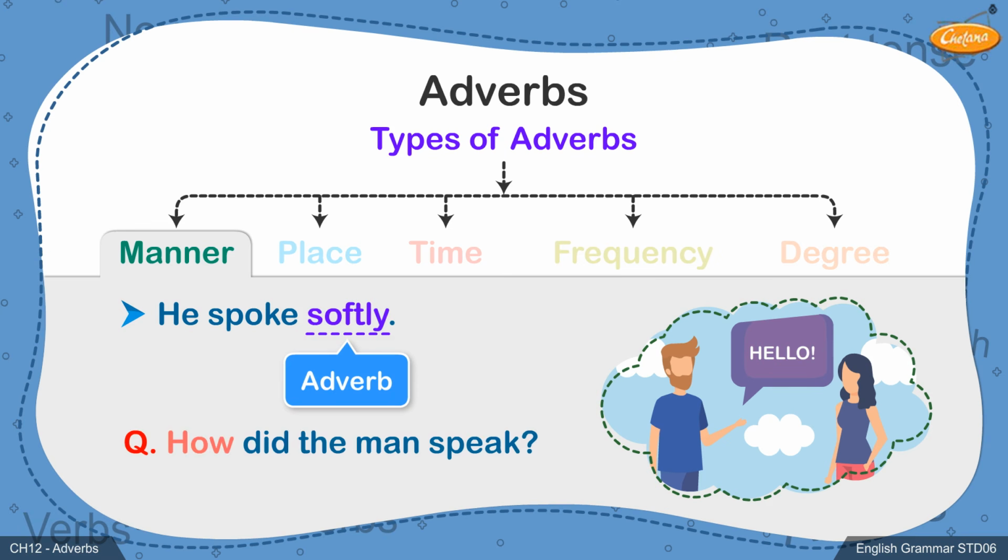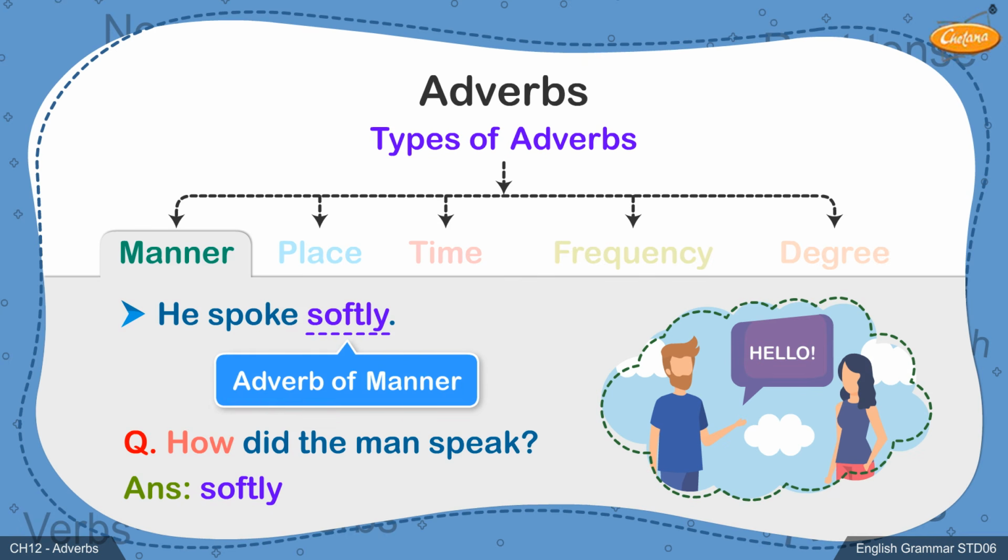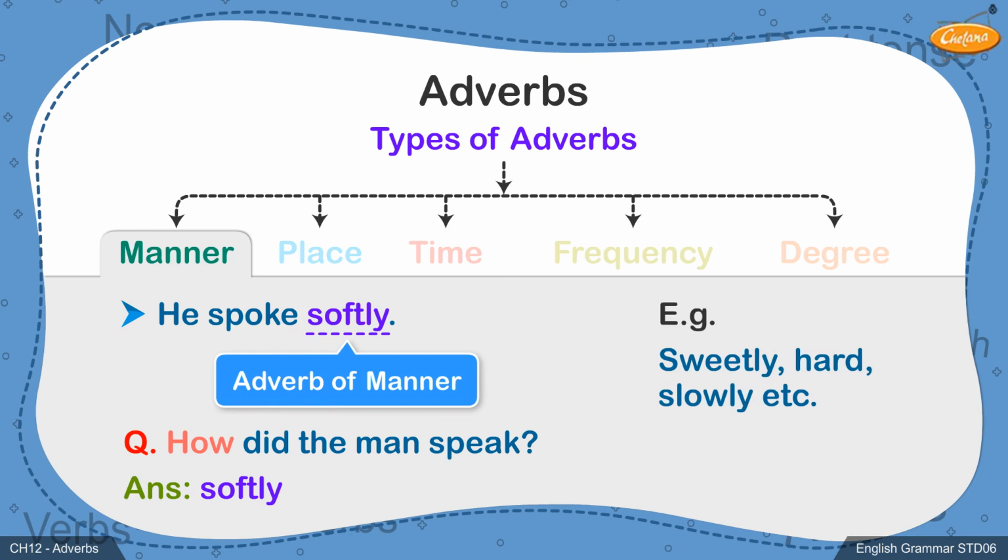If we pose a question, how did the man speak? The adverb softly comes up as the answer. Such an adverb which answers the question how is categorized as adverbs of manner. Adverbs like sweetly, hardly, slowly, etc. can be other examples of adverbs of manner.